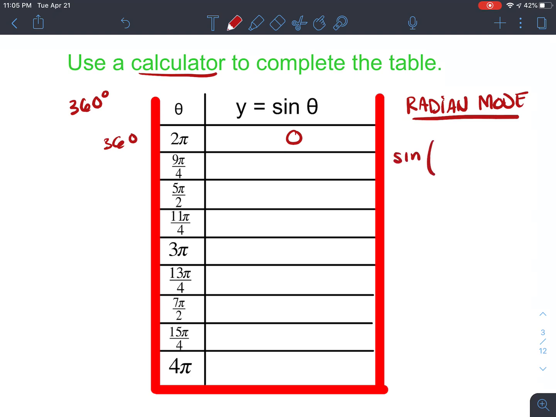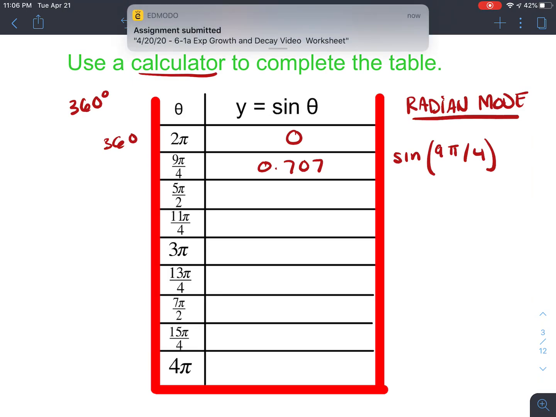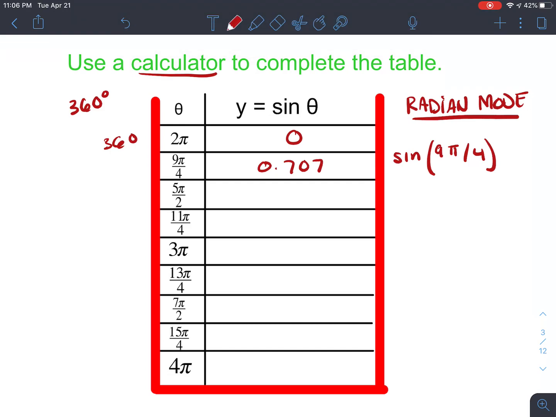Okay, so in your calculator, you can just type in sine of 9 pi over 4, and it should give you the value 0.707. Now, although we know this is not the equivalent because it's a decimal approximation, that 0.707 should be ringing a bell as the radical 2 over 2 that we saw in our unit circle. Okay, and that's because this is 405 degrees, which ends up having a reference angle of 45 degrees.